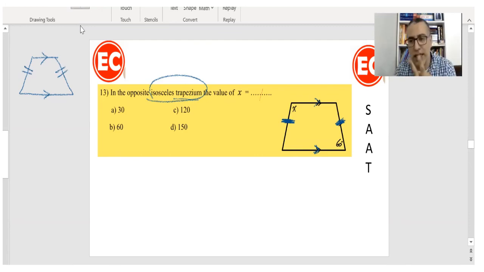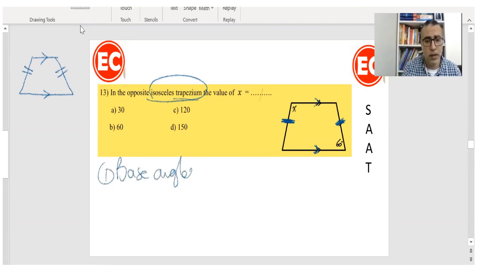You need to know two things about the isosceles trapezoid. Number one, base angles are congruent. Number two, diagonals are congruent.